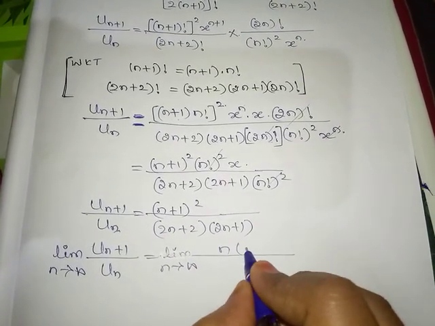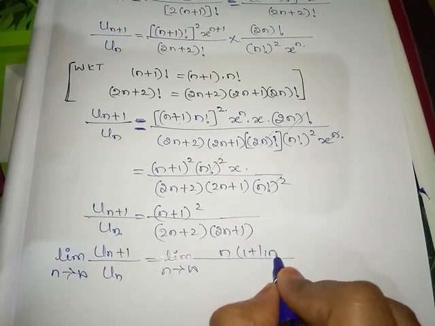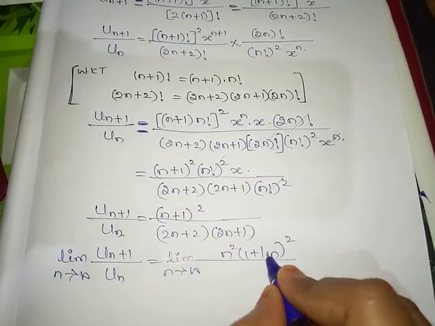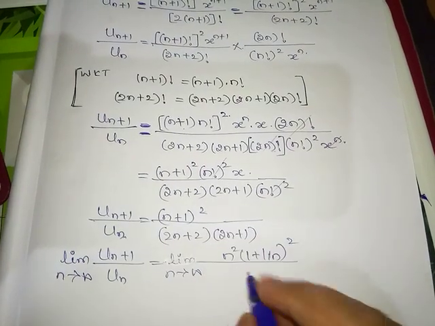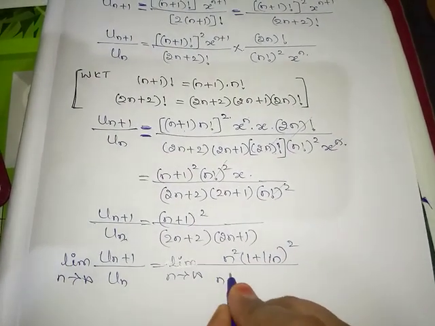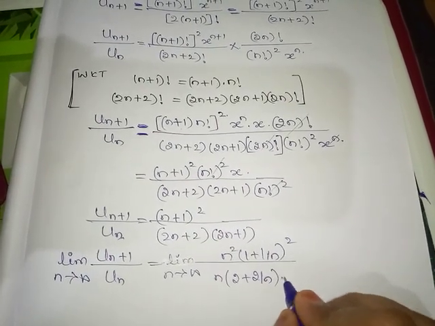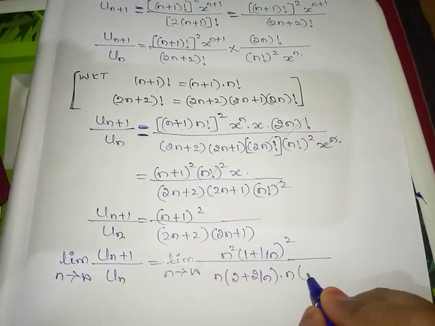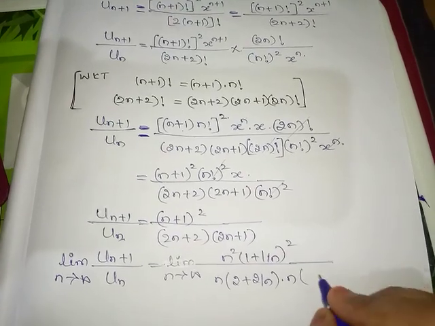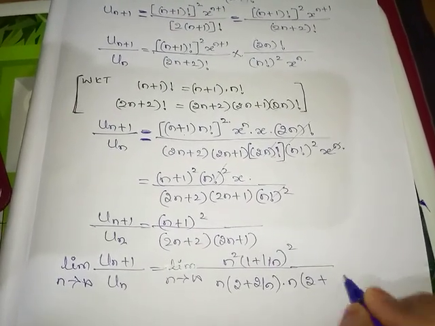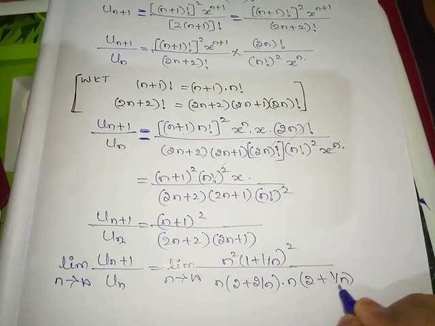It will be n square since we have a square here, and from this, n into 2 plus 2 by n, into n into 2 plus 1 by n.